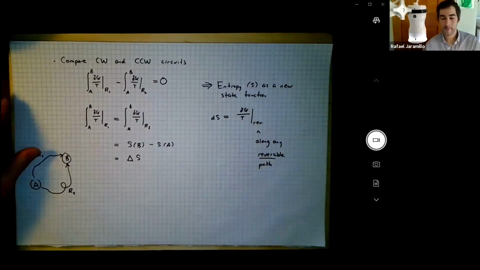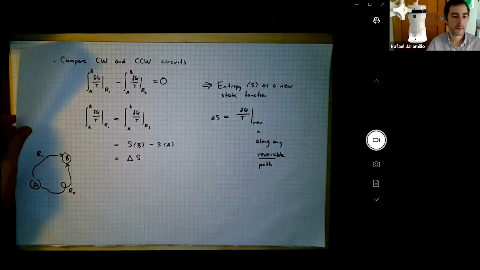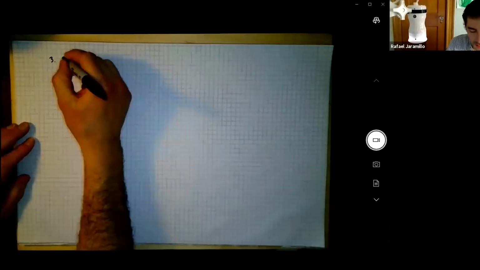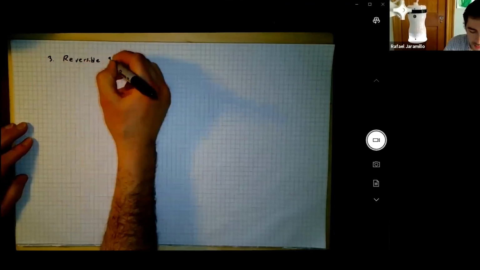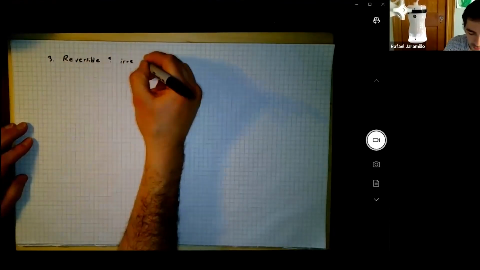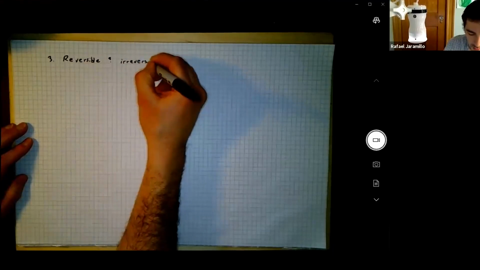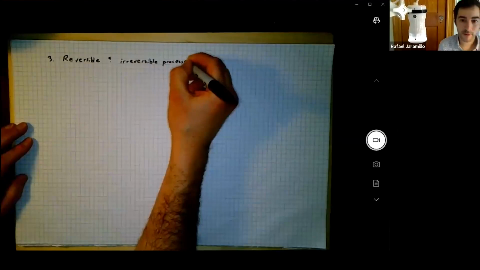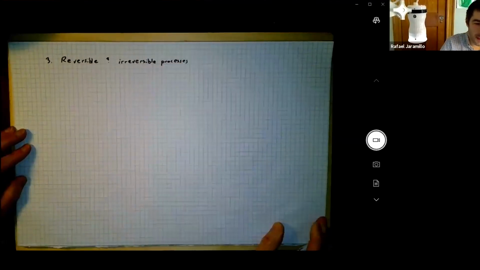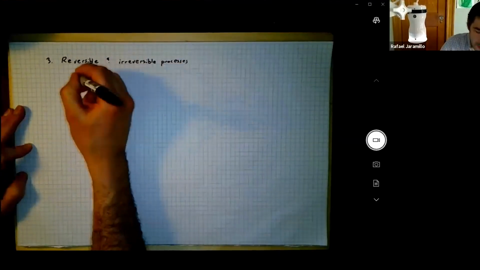Okay, let's keep moving. Act 3: reversible and irreversible processes. We've hypothesized that there are reversible processes.